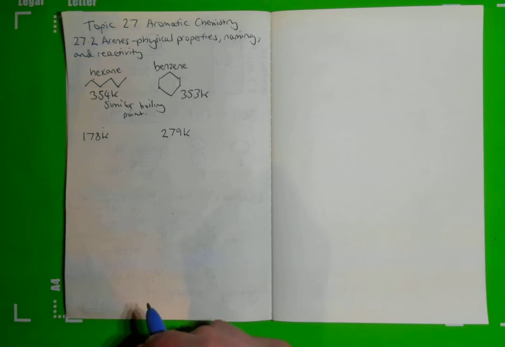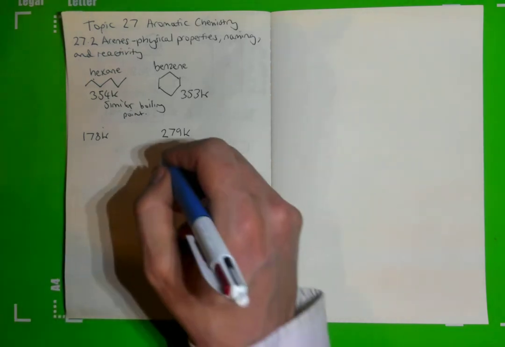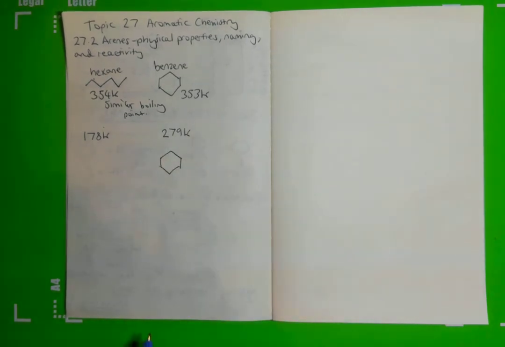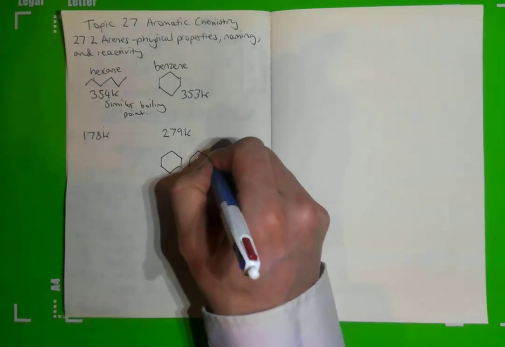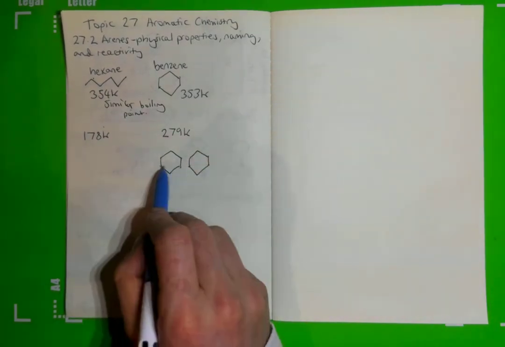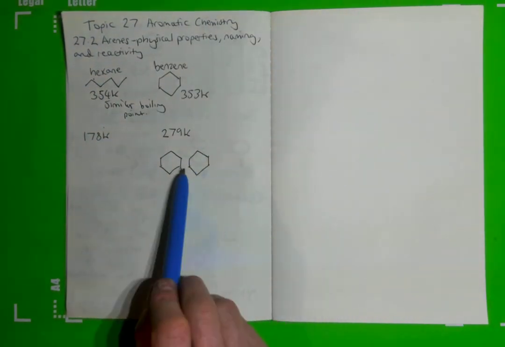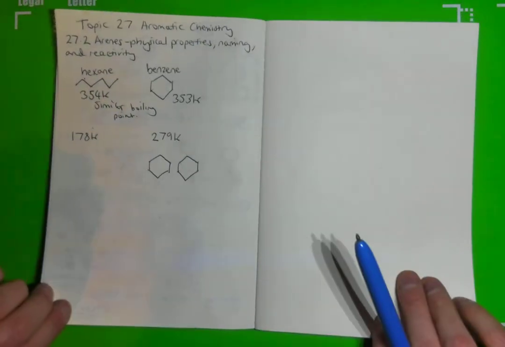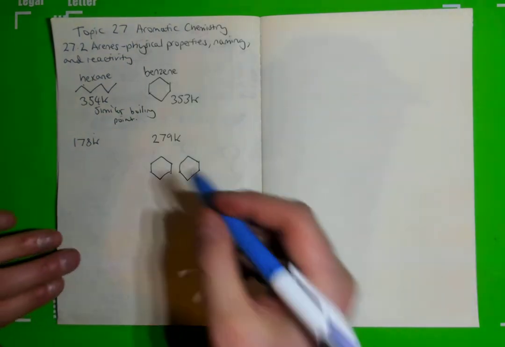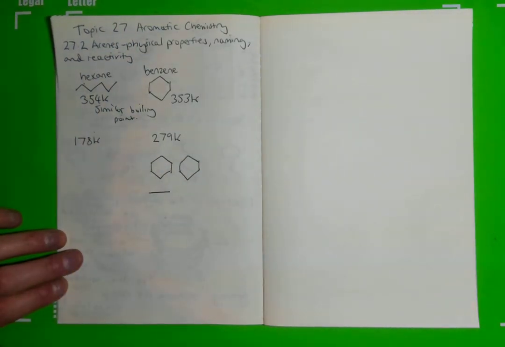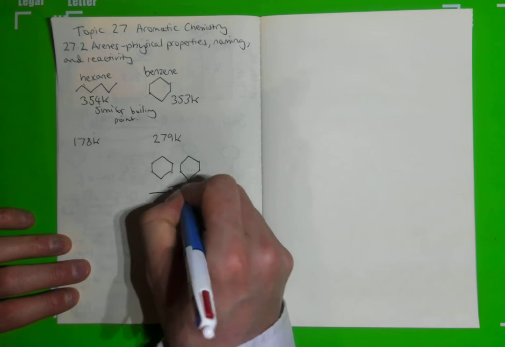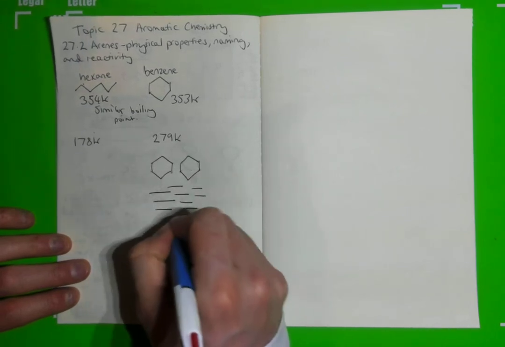This is because benzene is flat. So you could look at benzene from this angle here. If we have another molecule of benzene like this, they'd line up like that. But if we look at these molecules side on, we can represent a benzene molecule as just a line, because we're looking at side on. What happens is that these molecules can pack together very well in the solid state.